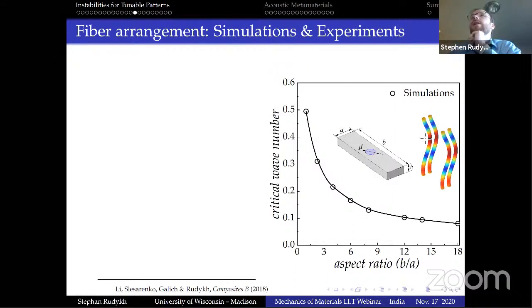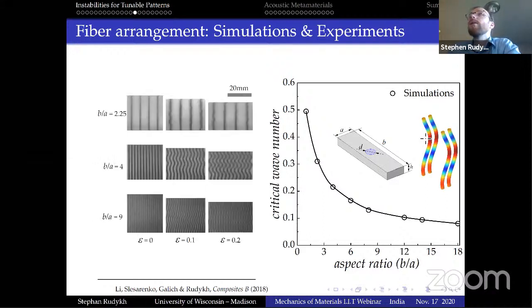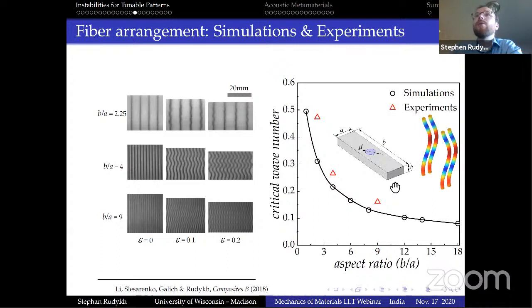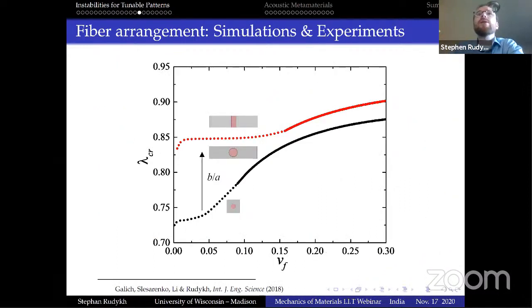But this is very strongly supported by what we see in the numerics and also in the experiments. We actually checked that and saw this behavior too. And you can see that the experiments, again, do not match this curve perfectly, but the trend is captured in experiments very nicely.